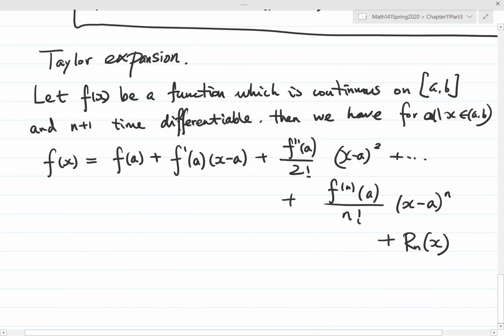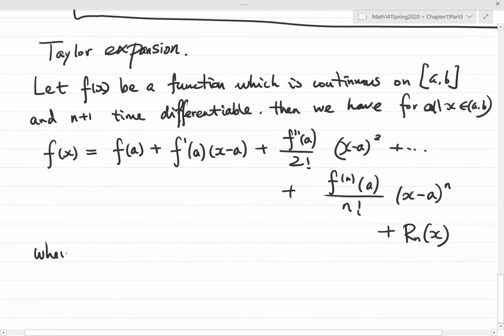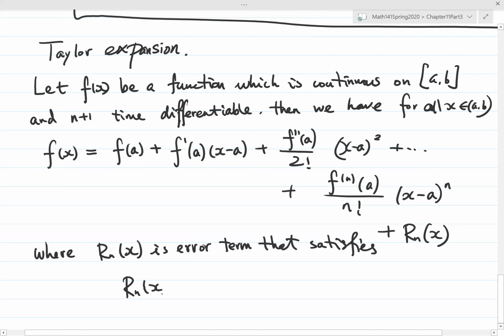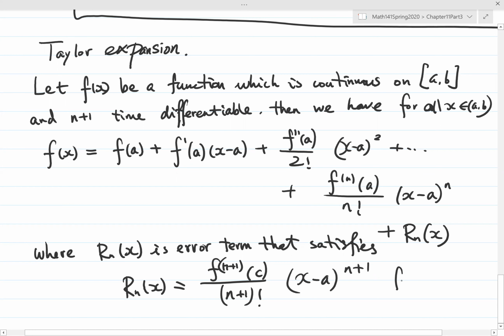where this error term R_n(x) satisfies R_n(x) equal to F (n plus 1)-th derivative at some number c over (n plus 1) factorial times (x minus a) to the power n plus 1, for some c in (a, b).